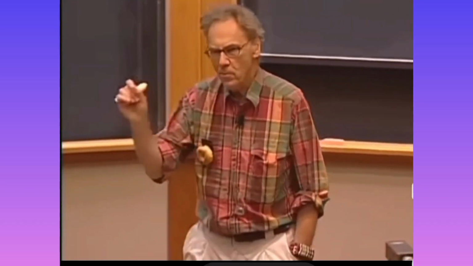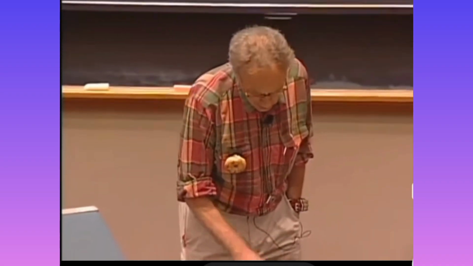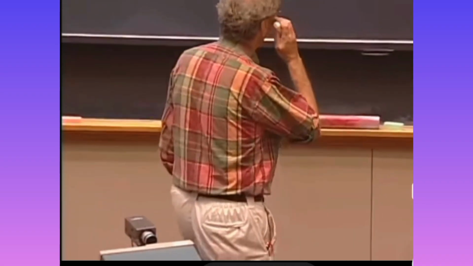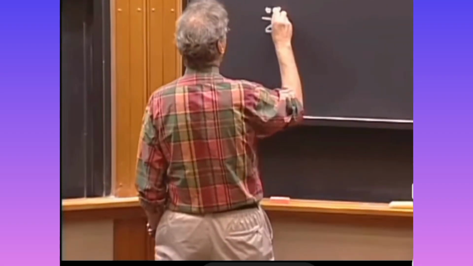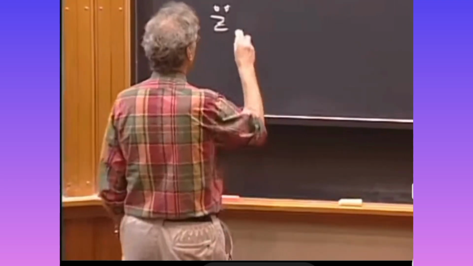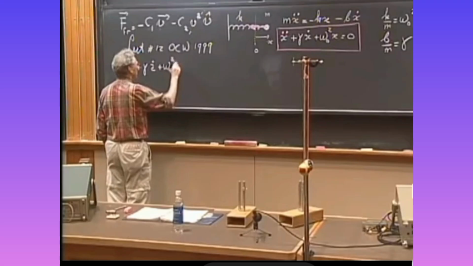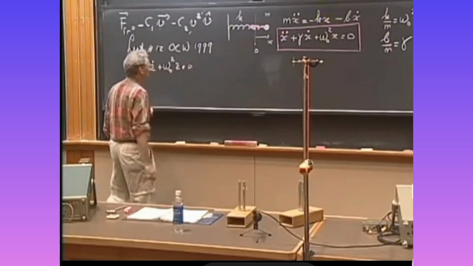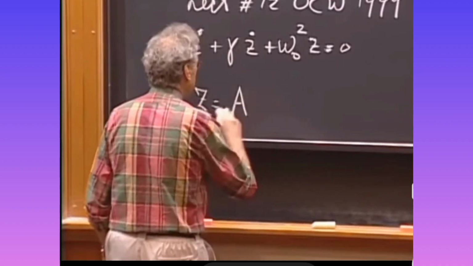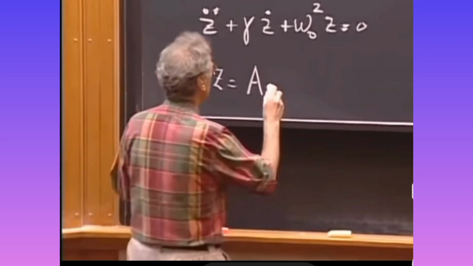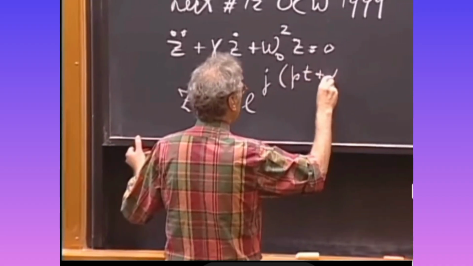We're going to jump to the complex plane. This is a beautiful example where the complex solutions really come in handy. And so I'm going to change this equation to z, which is now a complex notation: z double dot plus gamma z dot plus omega 0 squared times z equals 0. And then z, my trial function, is some amplitude A times e to the power j(pt plus alpha).